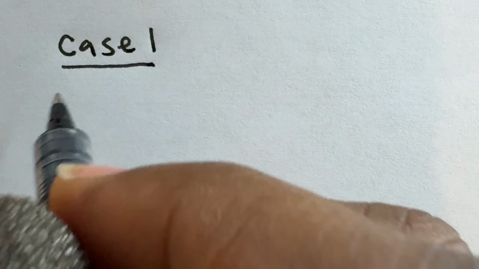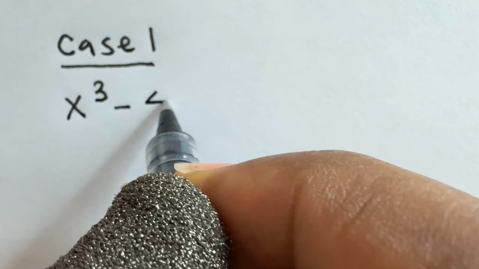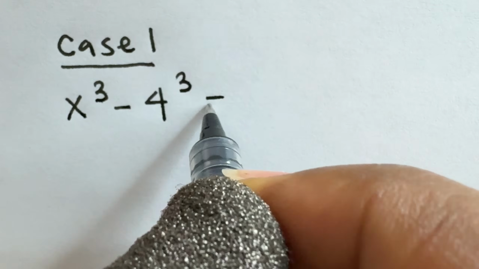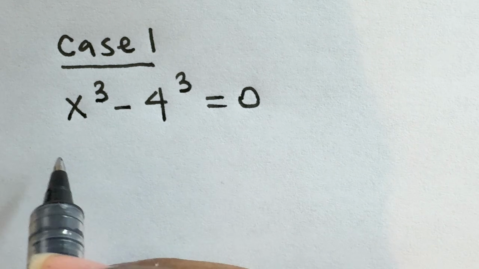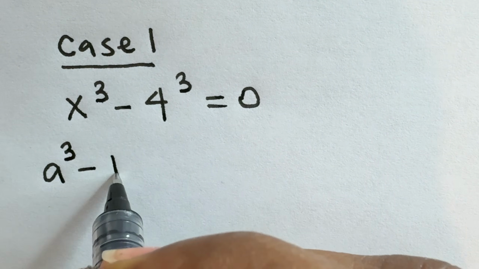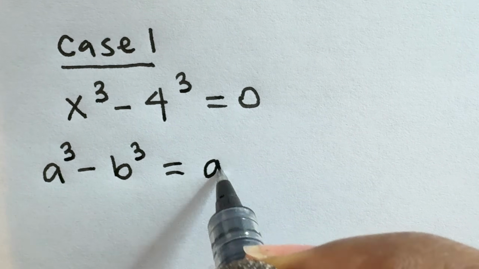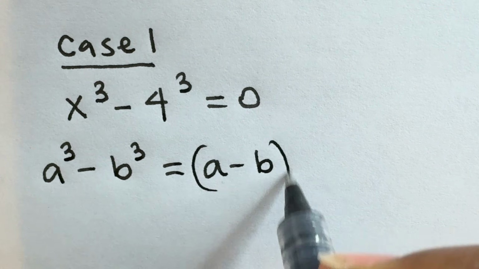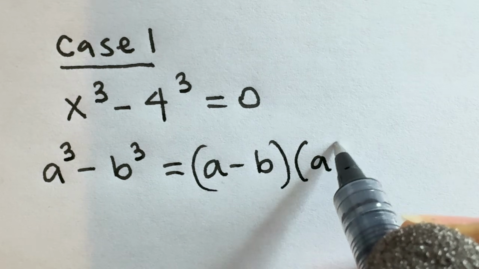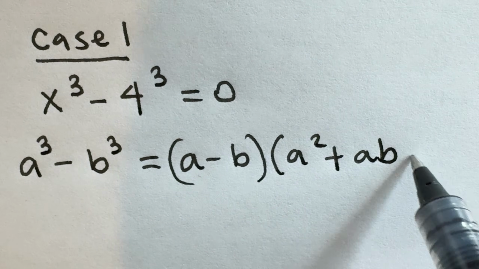So for the first case, we have x raised to power 3 minus 4 raised to power 3 is equal to 0. By identity, given a raised to power 3 minus b raised to power 3, you can factorize this as a minus b times a squared plus ab plus b squared.